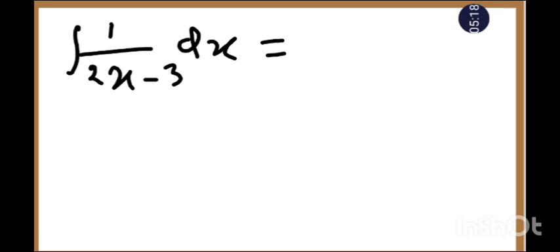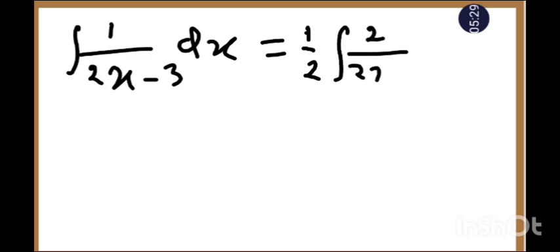This same integration can be written as half, all that 2 here, over 2x minus 3 dx. You see, half here, if you cancel, this 2 will cancel here, you will still be left with 1 over 2x minus 3. But we are not cancelling, so we have written it in this other form.